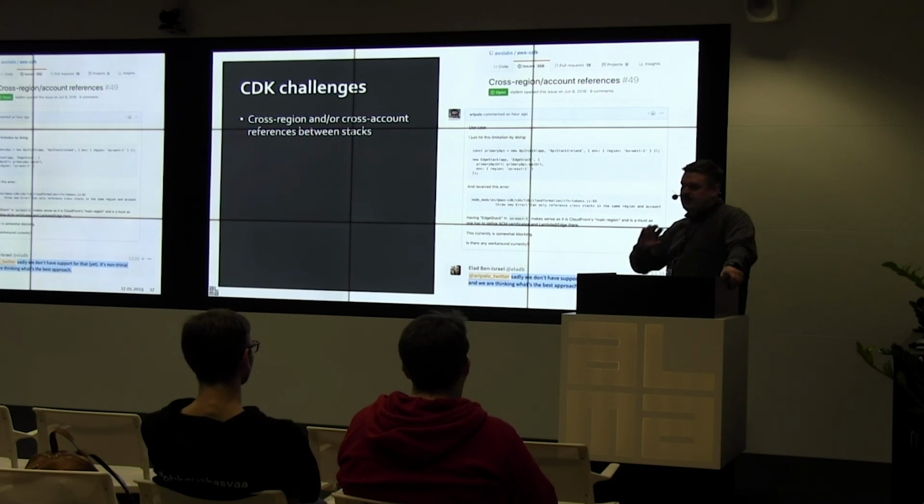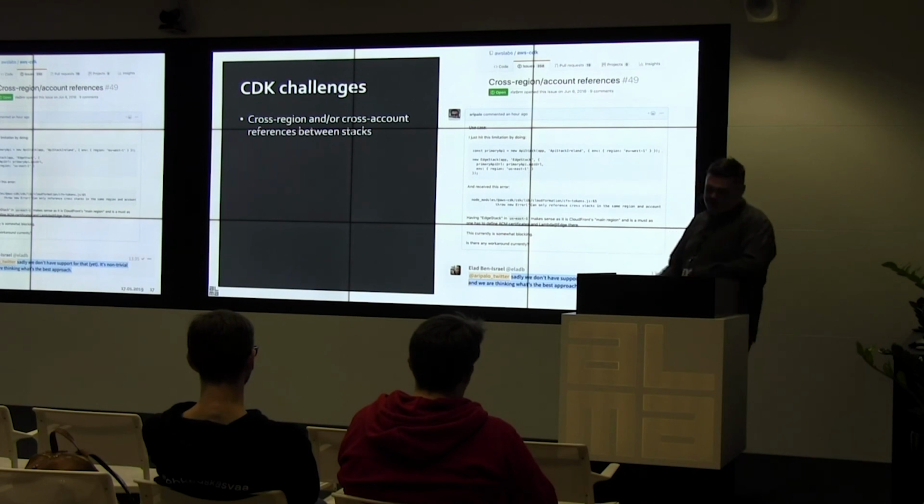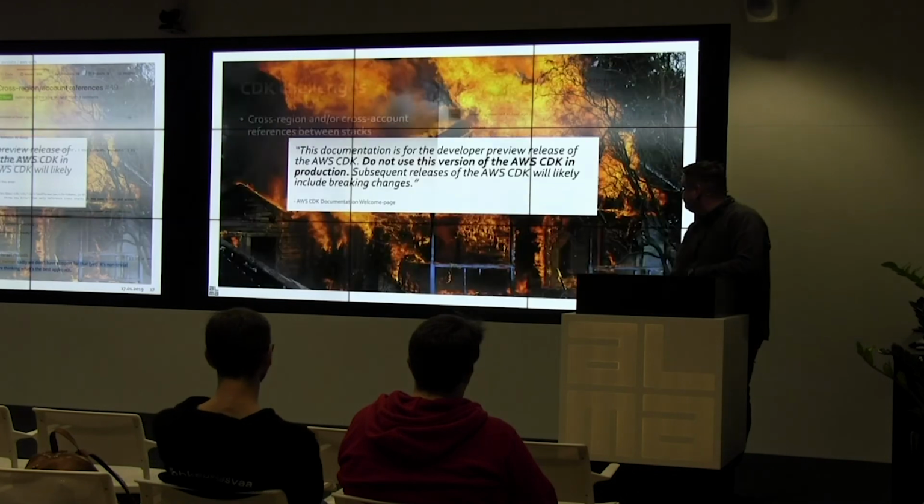So you basically have to have a different application for the other region. CDK lets you have resources, constructs and stacks made for many regions, but currently this is a bit of a blocker in that sense, but they're working on it.